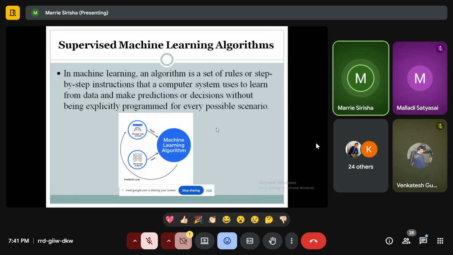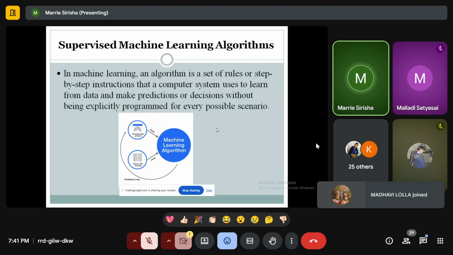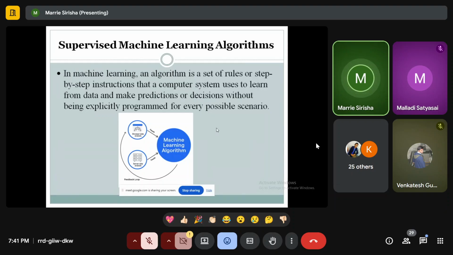Coming to the second part of your second unit, the first topic is supervised machine learning algorithms. As I told you, what is supervised machine learning? Supervised machine learning means every input has a corresponding output label. We make sure that every input has a corresponding output, and that is called a label, right? For that we need some algorithms.